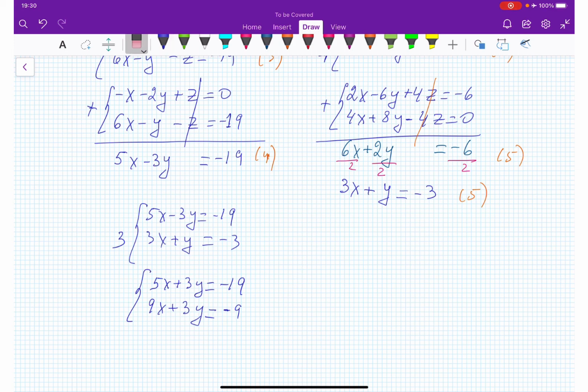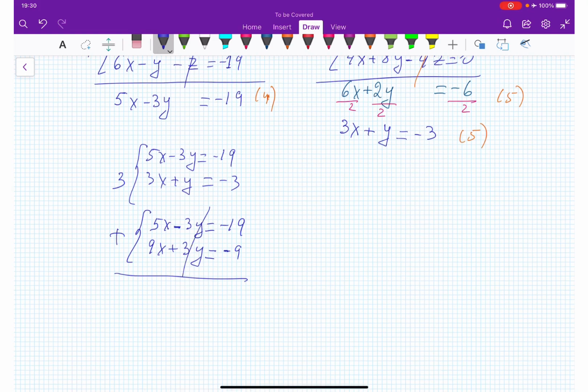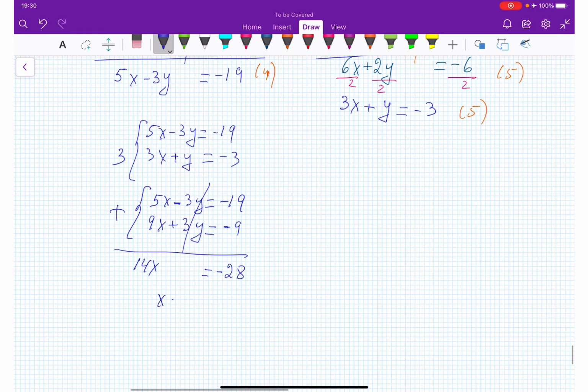Adding, this is gone. 14x is equal negative 28. And x is equal negative 2. Okay, we got x is equal negative 2.